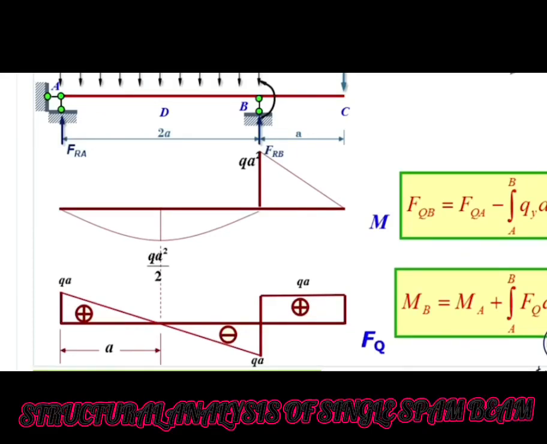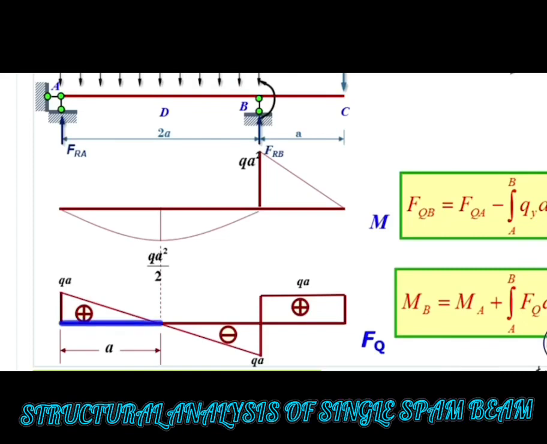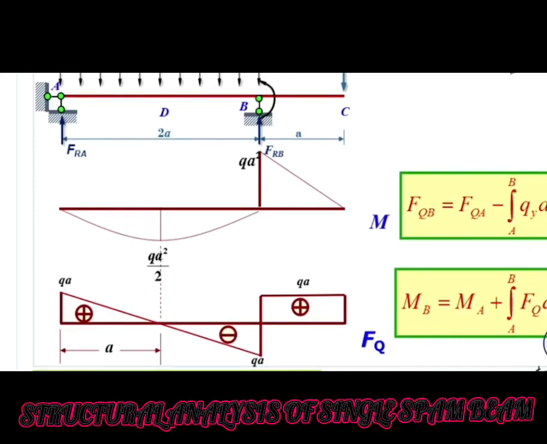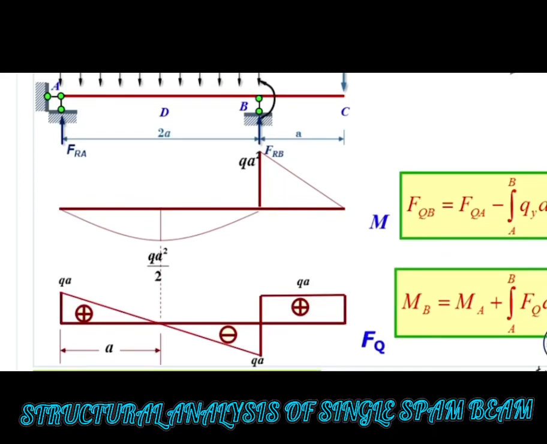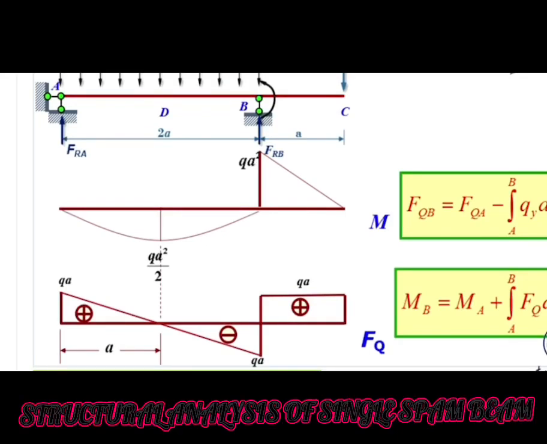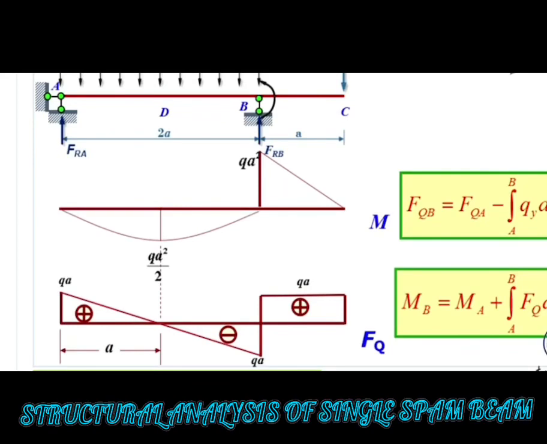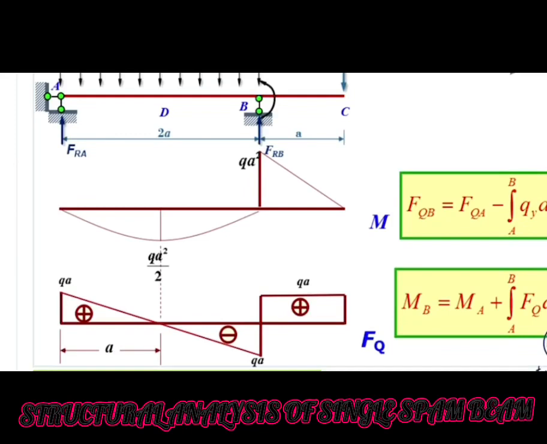After the construction of the bending moment diagram and shear force diagram, we can verify the result using the integral relationship. For the AD part, F_QD is equal to F_QA, that's qa, minus the area of the uniformly distributed loads, that's q times a, so F_QD is equal to 0.